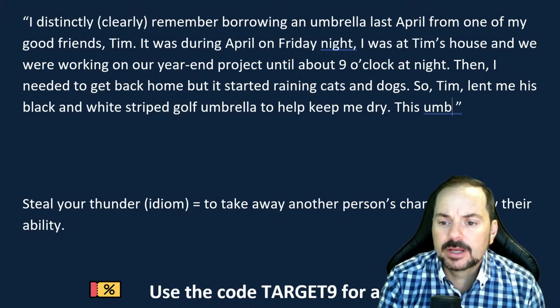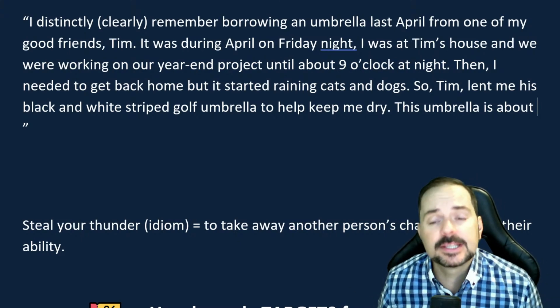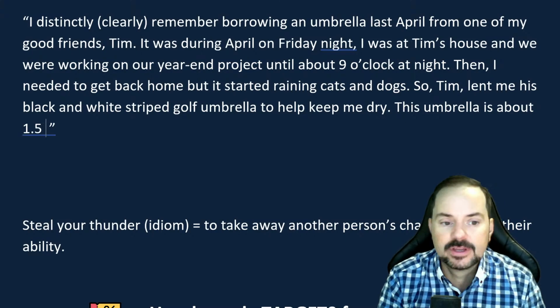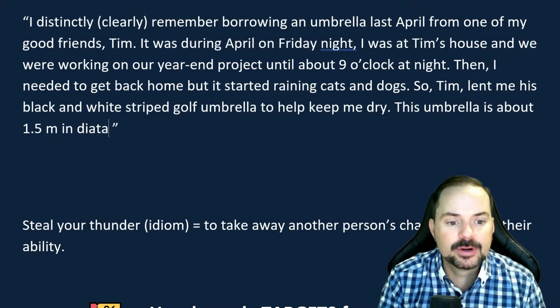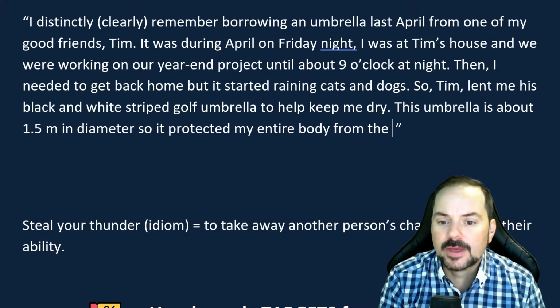This umbrella is about, now I'm using present tense because it still is, it's general. This umbrella is about 1.5 meters in diameter. So it protected my entire body from the heavy downpour.